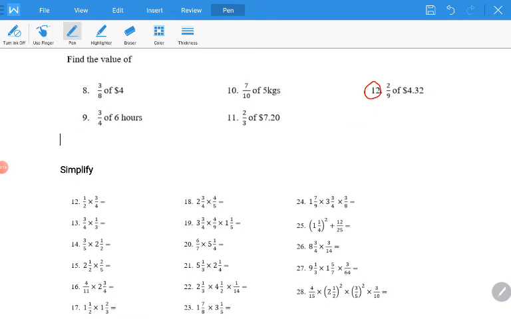Question 12 is saying what is 2 over 9 of $4.32. So here it's just 2 over 9 times $4.32.